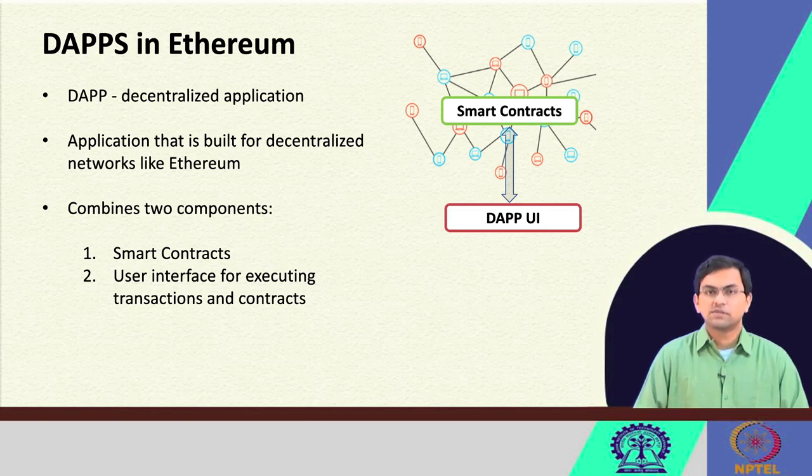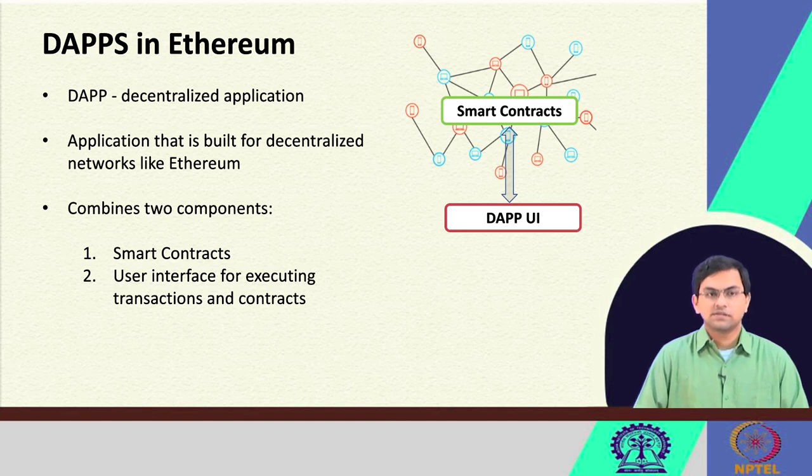The code of the smart contracts is executed independently by the participants of this network, and the output of a smart contract execution is determined by the consensus protocol which the Ethereum nodes are running.